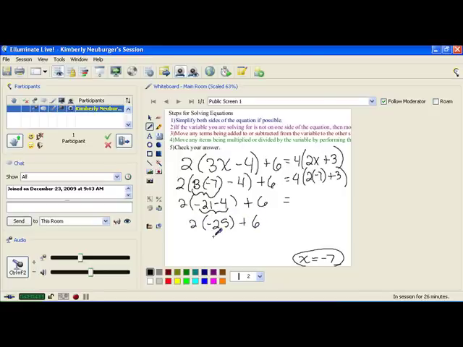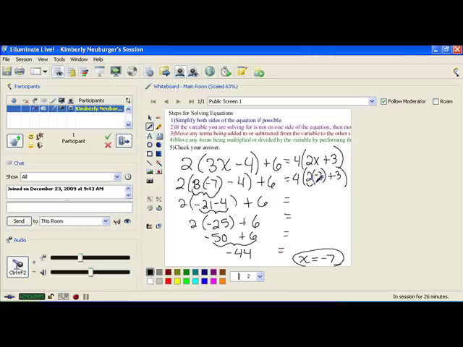Then multiplying 2 times negative 25, I get negative 50. And finally, adding the negative 50 and the 6, I get negative 44. So I hope when I go down the other side that I also get negative 44.